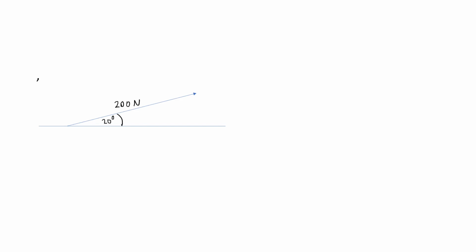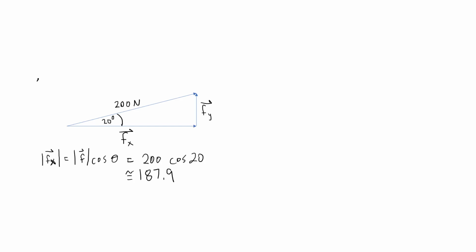There's only one vector there. That horizontal line along the bottom is not a vector. It's the horizontal ground. And so we can think of Fx as being the horizontal component. Fy is the vertical component. Using the formulas we established on the previous page, the magnitude of Fx will be 200 newtons times the cosine of 20 degrees, which is roughly 187.9.